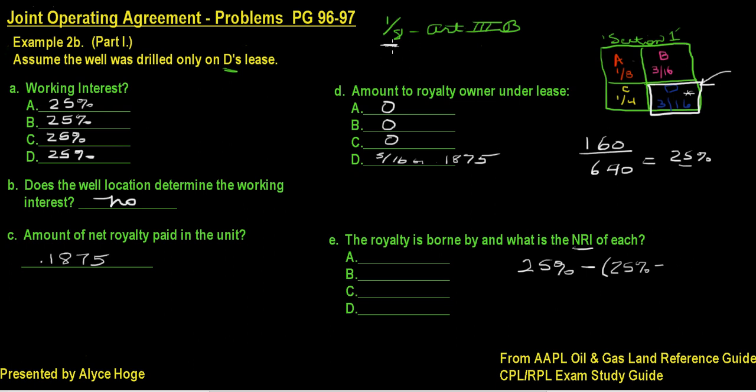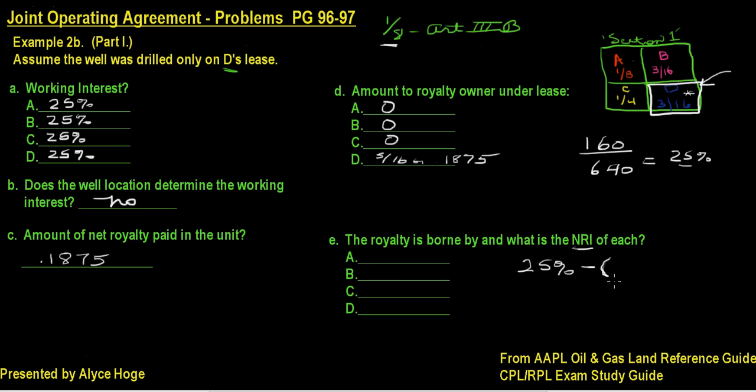the 1/8. Let me do it this way. I kind of like using fractions better, and that's what your book does. So we're going to say 25% minus, we're responsible for 25% of that royalty payment up to 1/8.